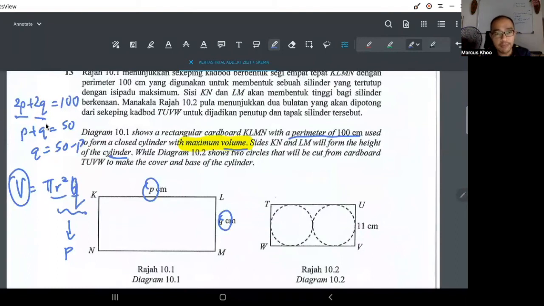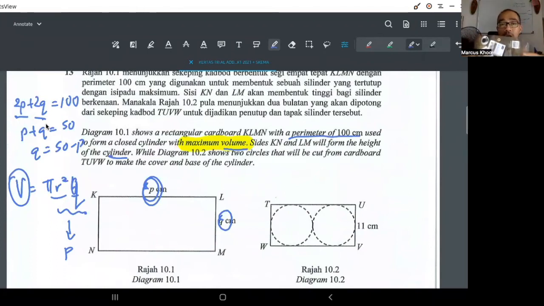Now the problem is my r. How do I change the r so that it is in terms of P? We have to understand it now in terms of the cylinder.